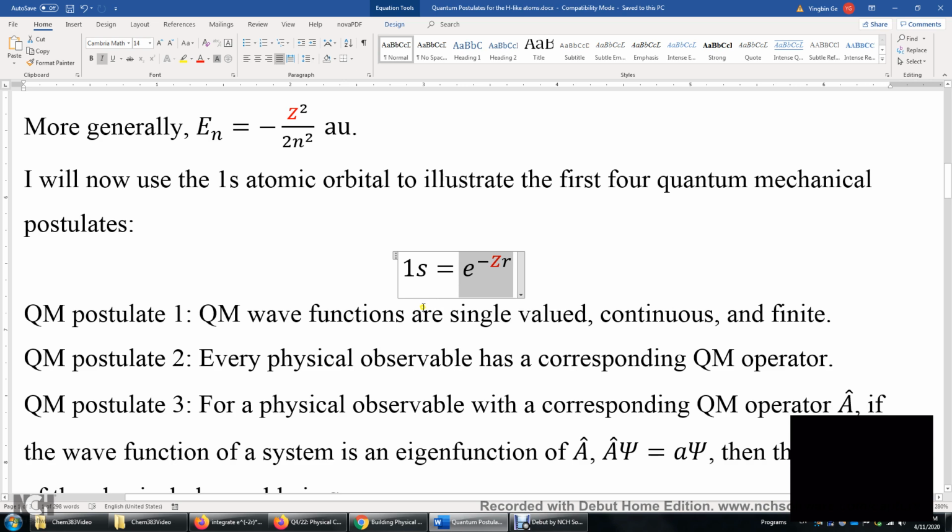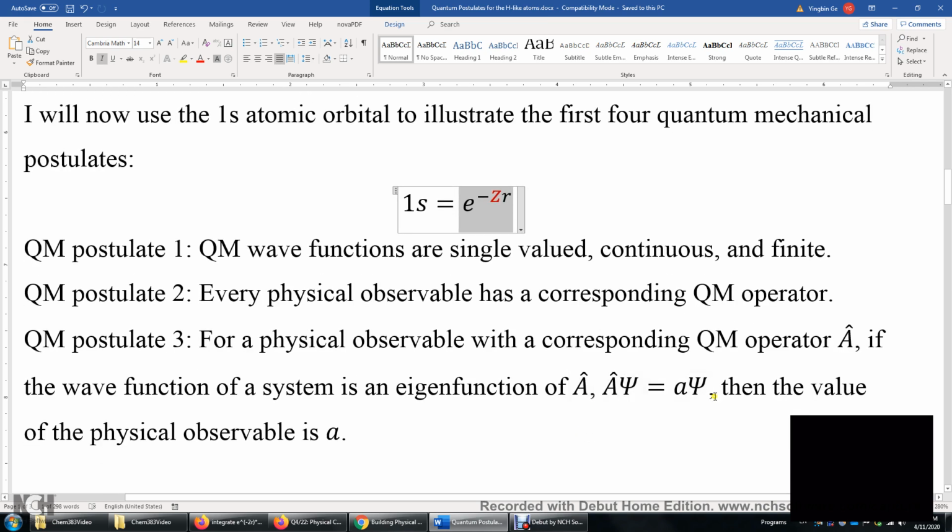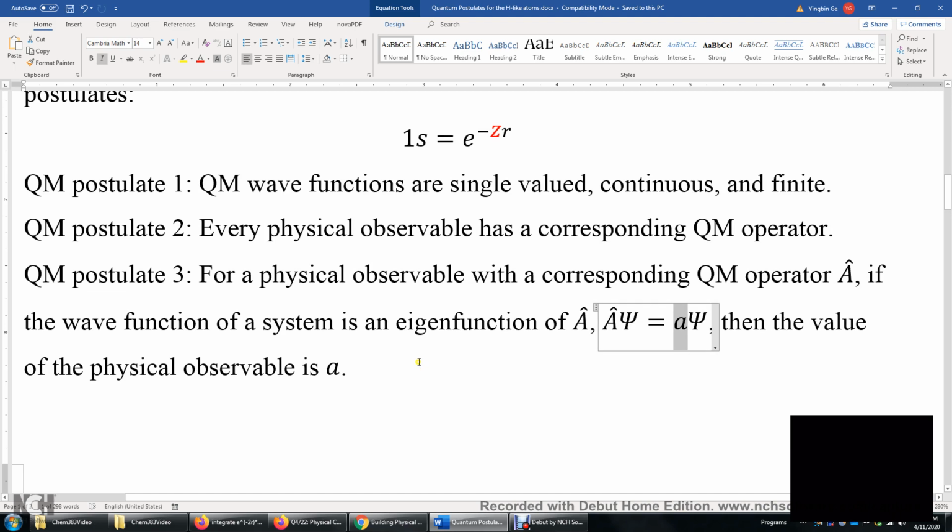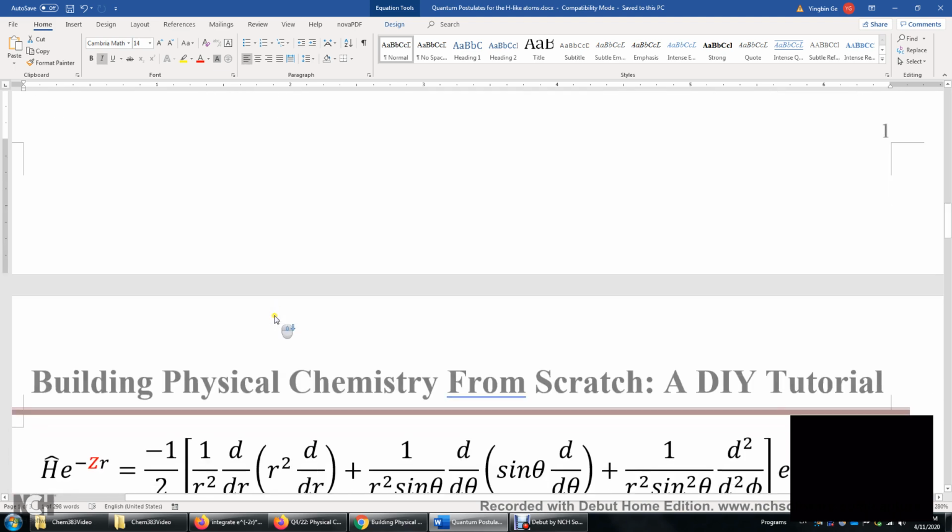For every physical observable with a corresponding operator A, if this wave function happens to be the eigenfunction of the operator A, then we will obtain an eigenvalue lowercase a. This lowercase a is the value of the physical observable. So we're going to look at this postulate 3 in more detail.